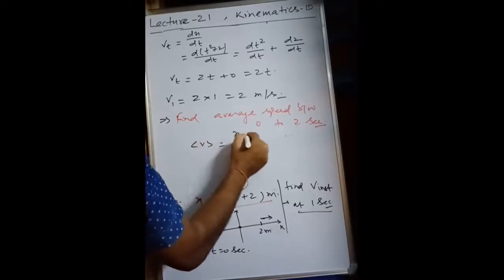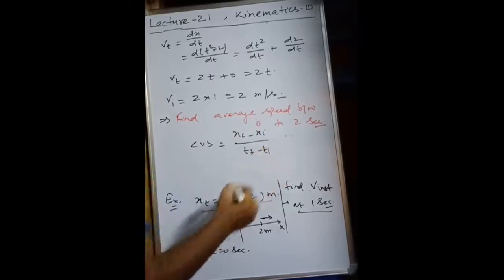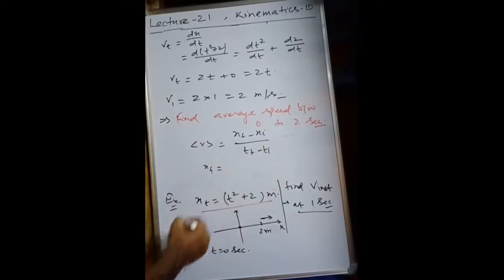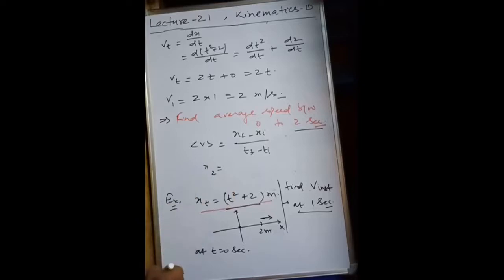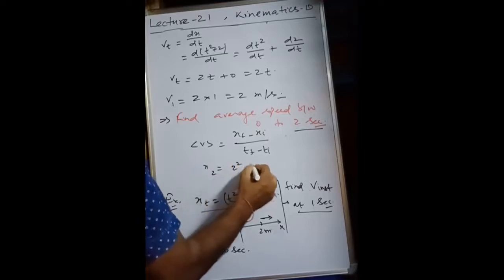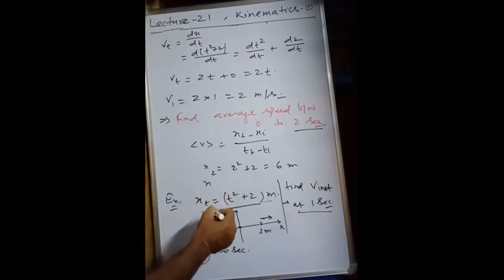It is x final minus x initial by t final minus t initial, and x final will be at 2 seconds. You can see here at 2 seconds, x final will be 2 square plus 2, 4 plus 2, 6 meter. At 0 seconds, it will be 2 meter.